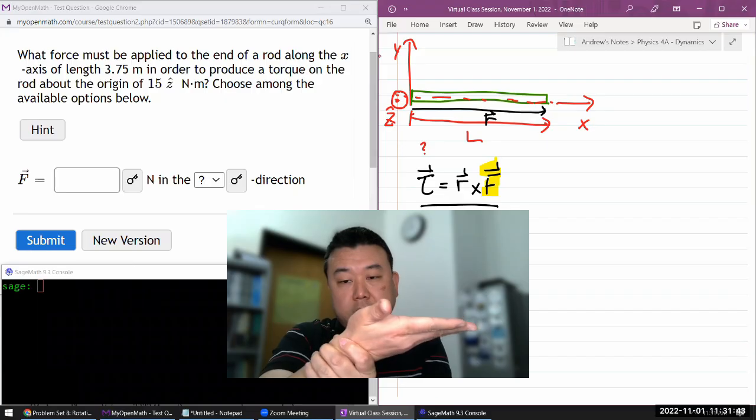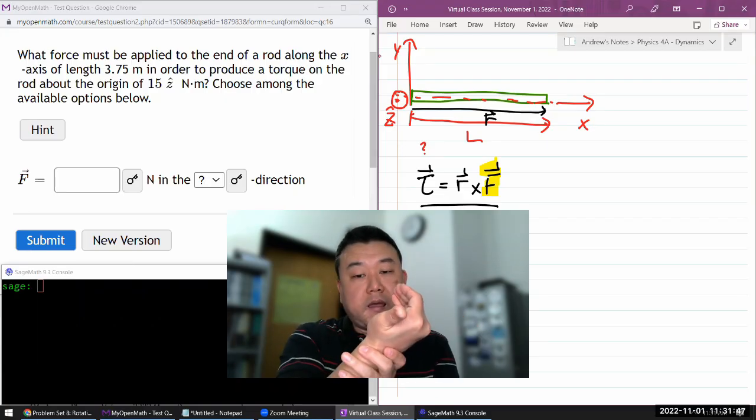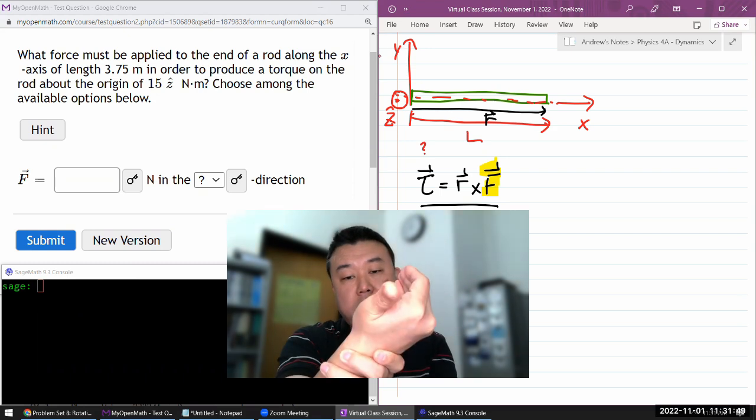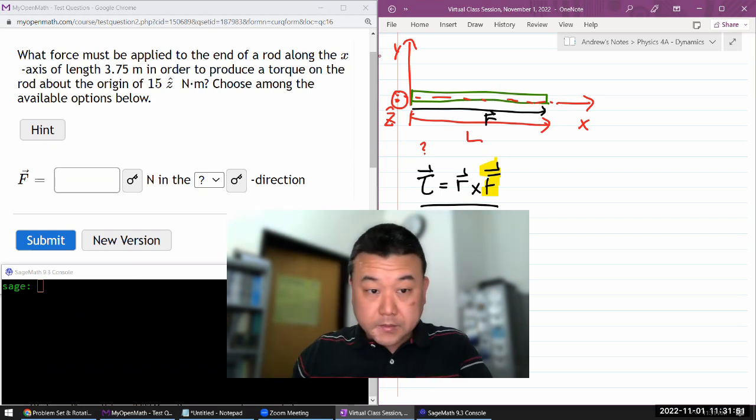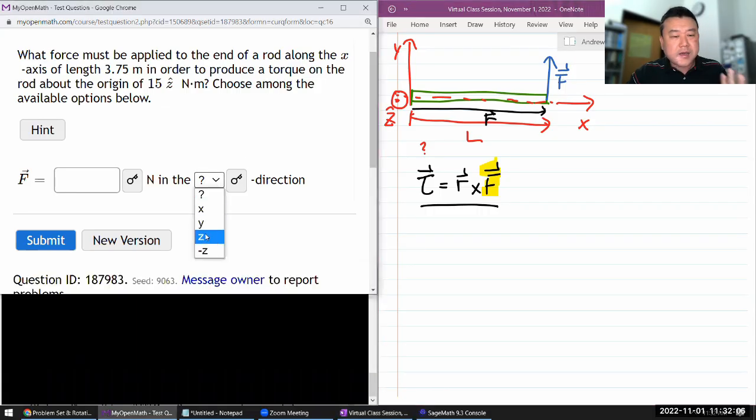In this orientation of the hand, I can do r cross F, and then the cross product, tau, is coming out of the board. So one of the possible directions for the force will be the upward direction. Now, it could be in other directions, but I have a sense they only gave us those choices, x, y, and z. So it should be in the positive y direction.